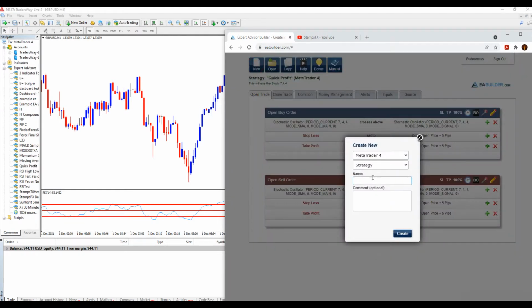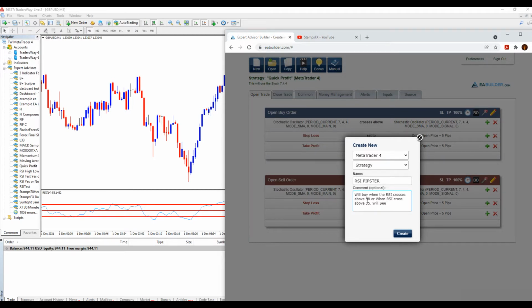Let's go to new strategy. The name for this one will be the RSI Pipster. We'll buy when the RSI crosses above 50, or when RSI crosses above 35.